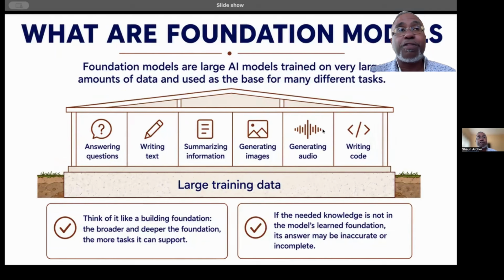Now, few things to note. Number one, this training for these models does not happen on an ongoing basis. The training requires that a large amount of electricity is used to train those models. The training itself requires the use of what are called graphical processing units or GPUs.